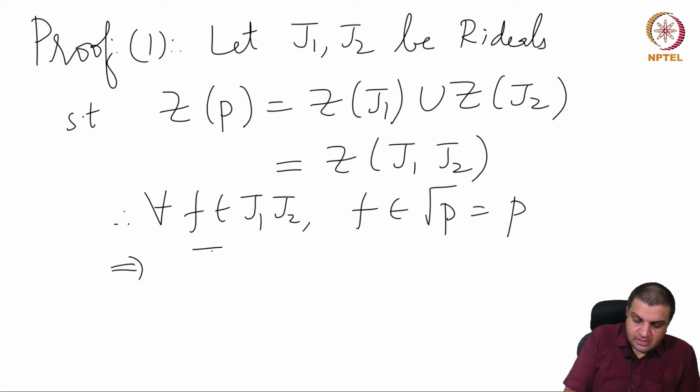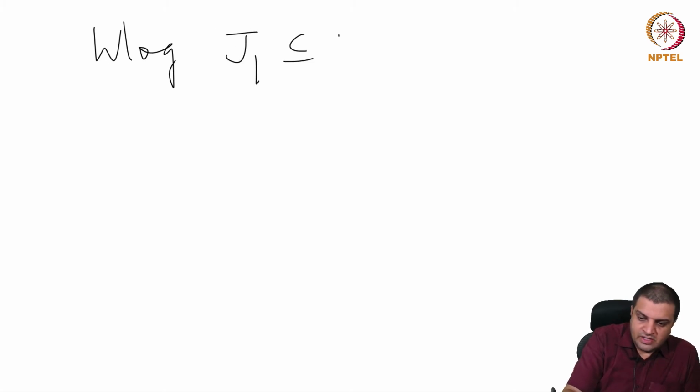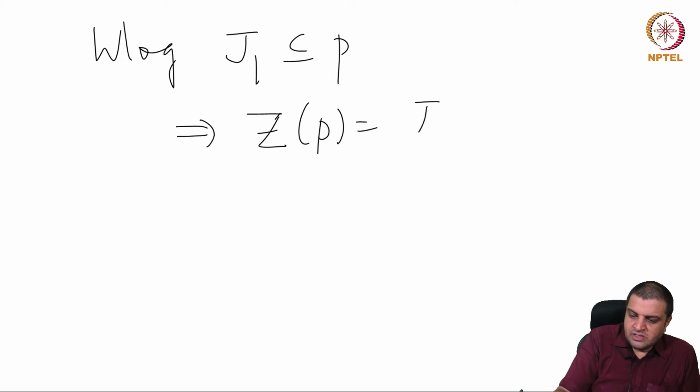So in other words, J1 J2 is inside P. Last time, in an earlier lecture, we saw that if you have a product of ideals inside a prime ideal, this means that one of them is inside it. So J1 is inside P. In other words, Z of P is inside Z of J1.